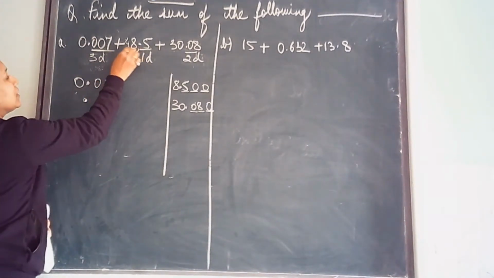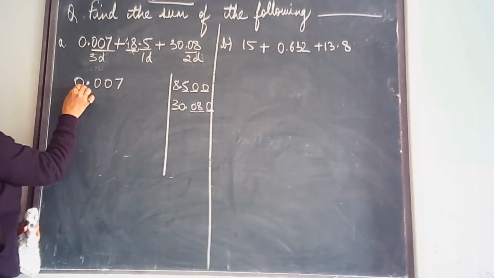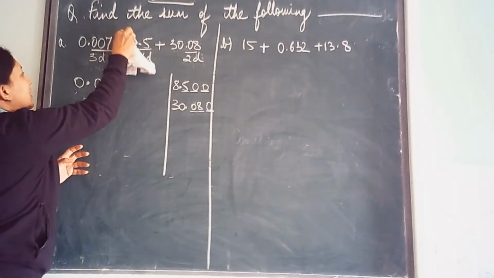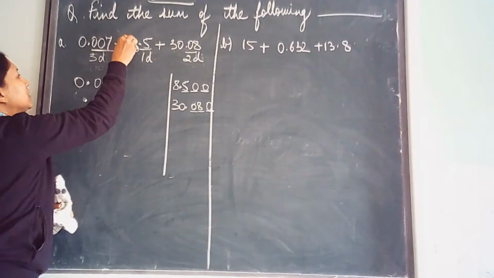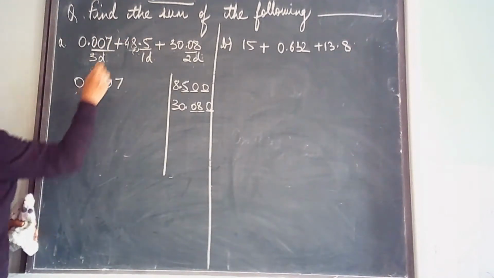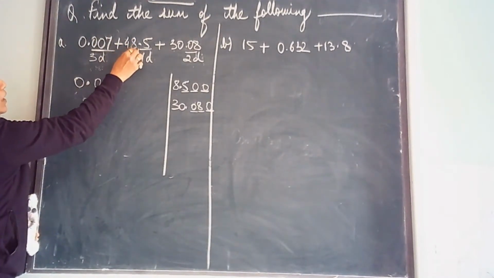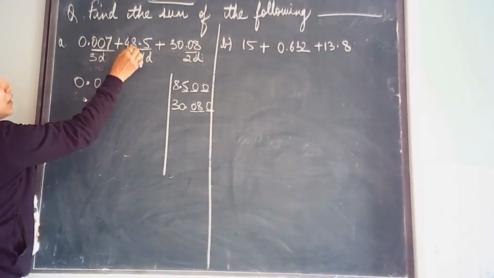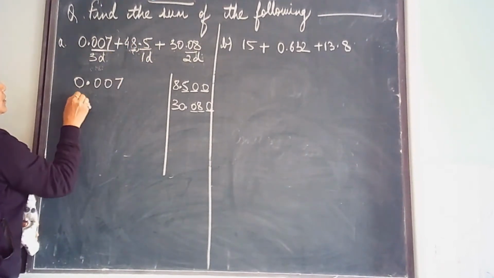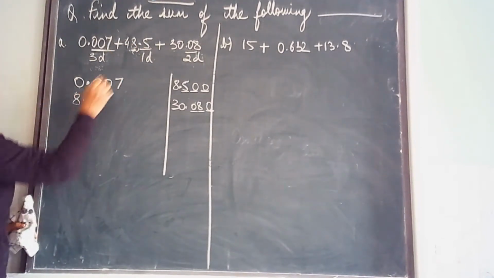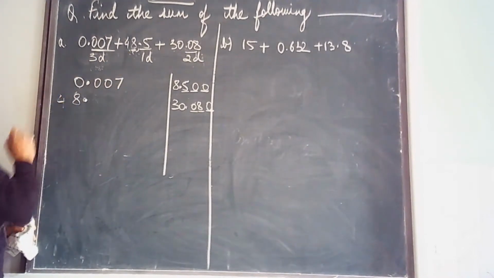Then before the decimal, if you have 2 numbers, here we have 1 number. Let us take an example here, let me take it as 48 only. Now what will you do? You will write down the first number before the decimal, then write down the next number.